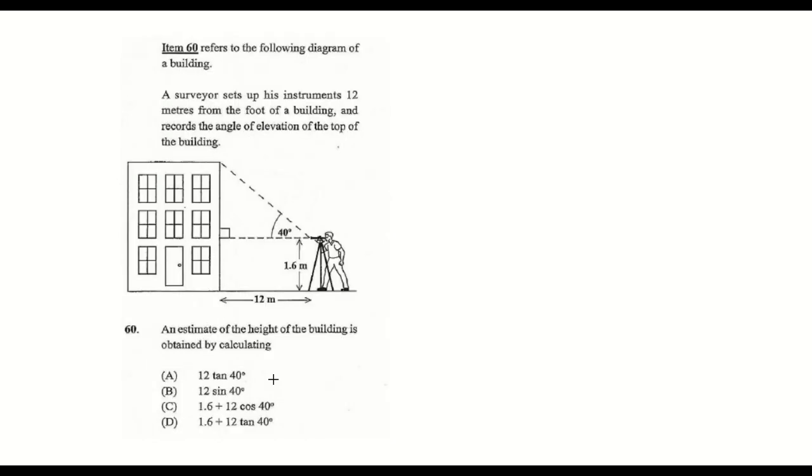Right, this one here is our next repeated question. We know we have to add 1.6. So this and this is out. That is the height of the thing. This is the 40 degrees, so this here would be your opposite. So you're adding your opposite and the 1.6 to get the height of your house. From here to here is 12.